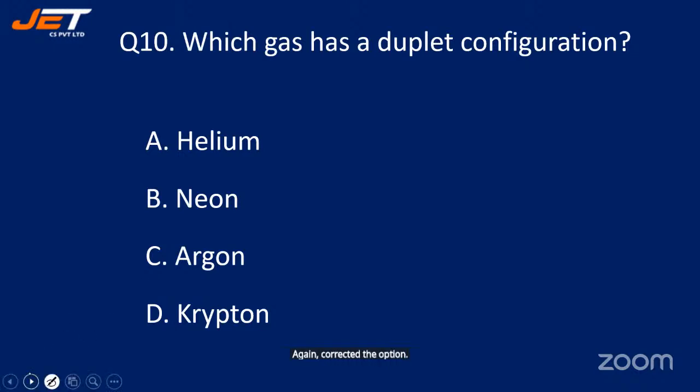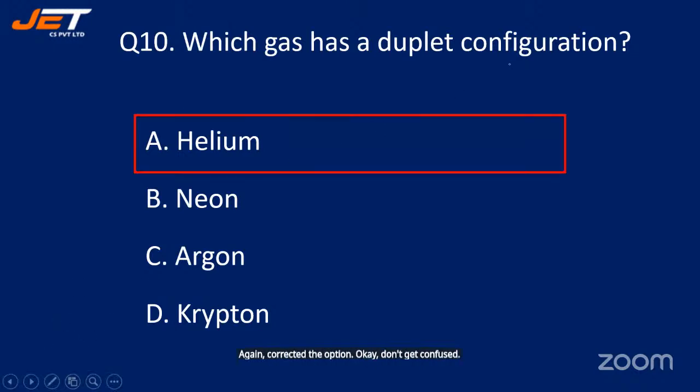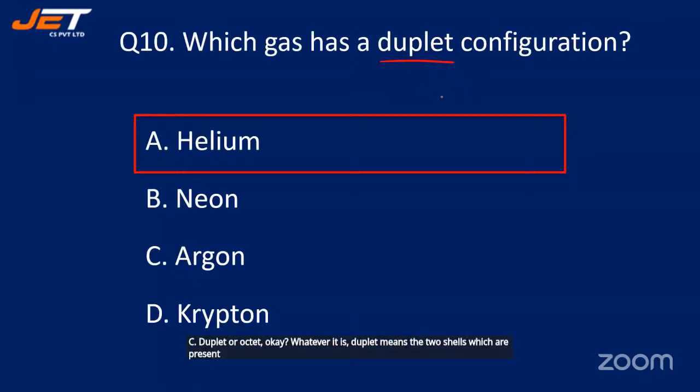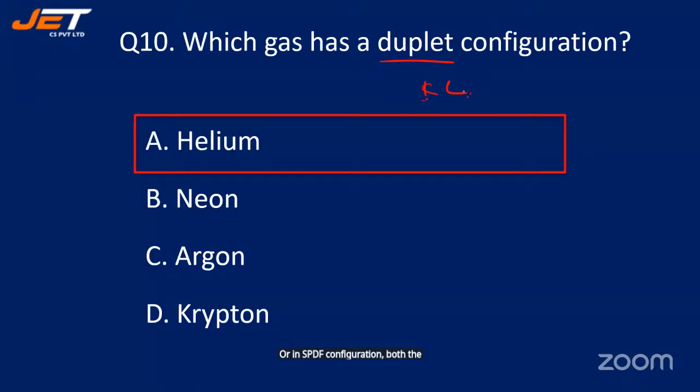Okay, don't get confused. See, duplet or octet. Duplet means the 2 shells which are present should be completely filled as per their capacity. If the K shell and L shell are both filled as per their capacity completely, or in SPDF configuration, both the S and P are filled completely, then you will call it a duplet configuration.